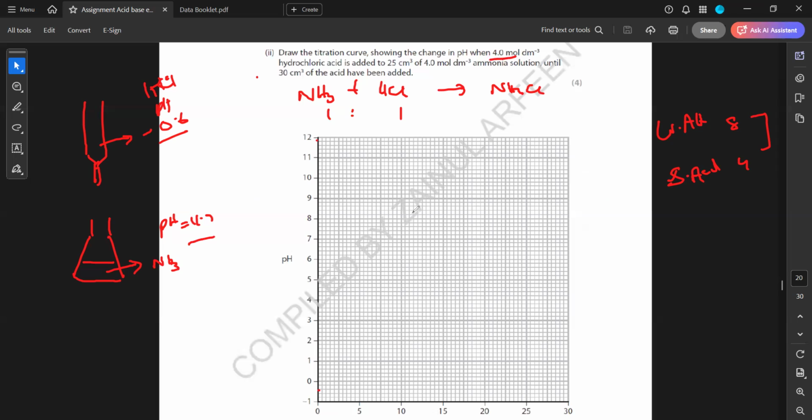And the ratio is 1:1. So if we have 25 cm cube of alkali, 25 cm cube of acid is needed. So at 25, we'll have a vertical section ranging around 4 to 8.